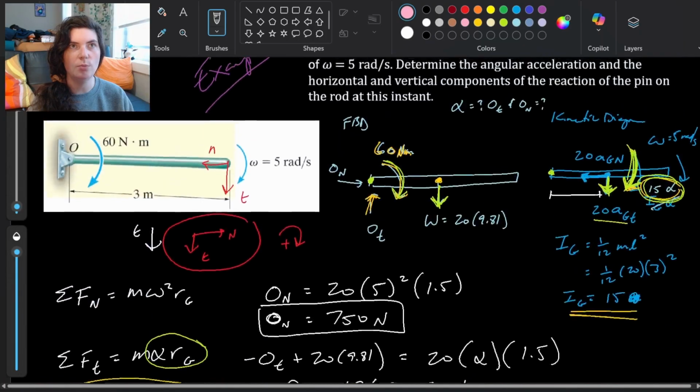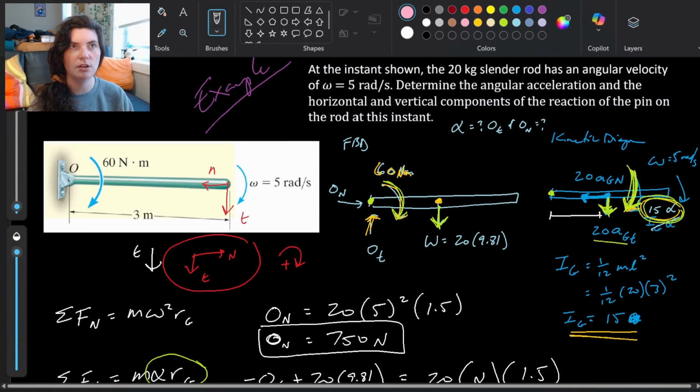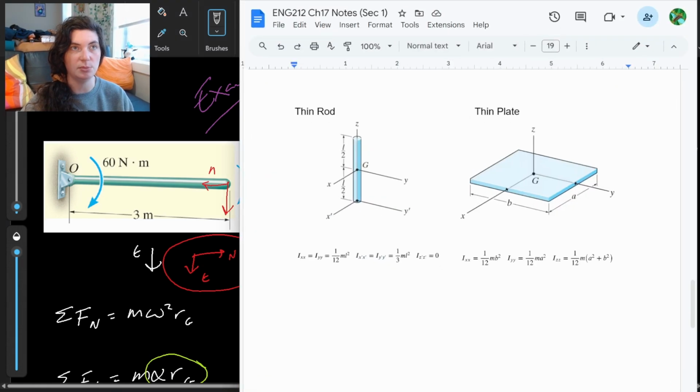The difference is that I_O value. So to get the moment of inertia of this point O at the end of the rod here, I'm not actually accounting for the stuff that's going on here. What I'm going to do is say, oh, this is a slender rod. I know the moment of inertia about the end of a slender rod. That was given to me in the back of my book, in my charts here.